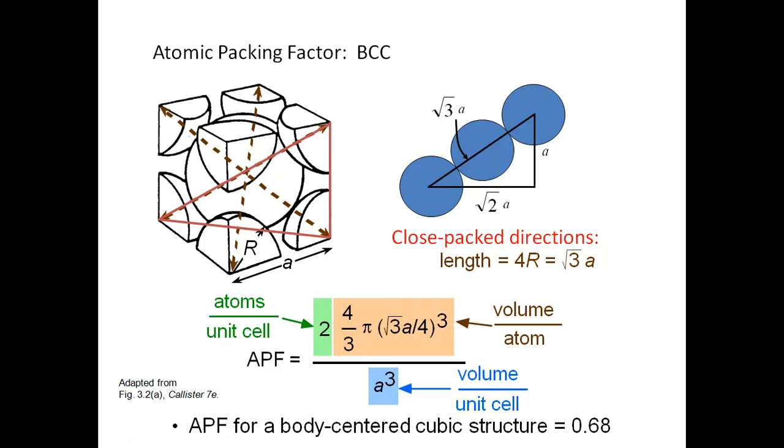And your denominator there, what do you place? You have your 4 over 3 to the power 3 in brackets. So the final answer should be 0.68.